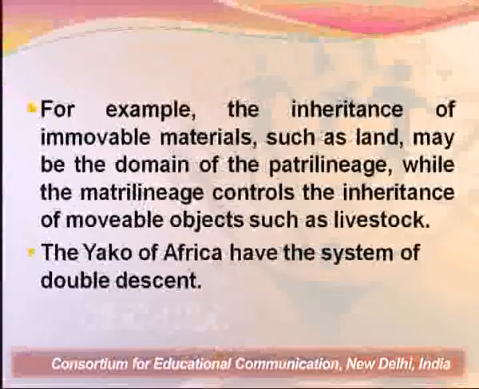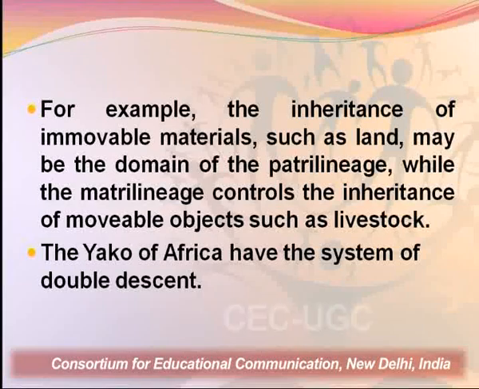This is an example from the Yako, which was studied by Daryll Forde, and Forde tells us that this is a society which has two unilineal descent groups, but he termed it double descent in the sense that both the patriclan and the matriclan coexist at the same time, though the purposes for which the two clans exist are different.